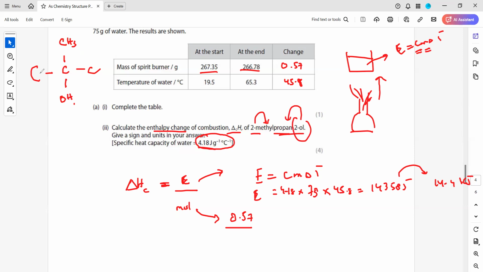How many hydrogens will this have? This will have 3 hydrogens. And how many hydrogens will this have? This will also have 3 hydrogens. So this is the structure of 2-methyl propan-2-ol. At the second position, there's a methyl group. Prop because 3 carbon atoms are there in the main chain. And 2-ol means at the second position there is an alcohol group. So what will be the molar mass?